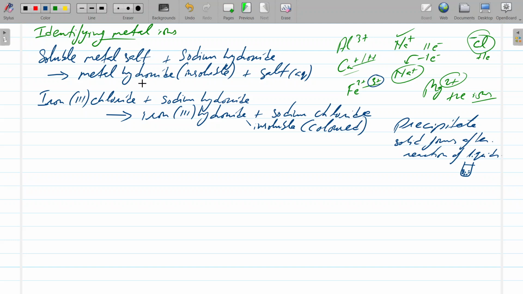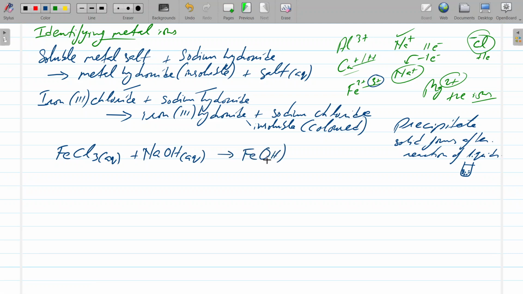So in this case we have metals. You've got iron chloride, which is aqueous, it's a liquid. You've got sodium hydroxide, that is also a liquid. So let me write that out. FeCl3, that's iron 3 chloride, that's aqueous, and you have NaOH, which is also aqueous, and what you are getting is Fe(OH)3 is solid, plus NaCl aqueous.